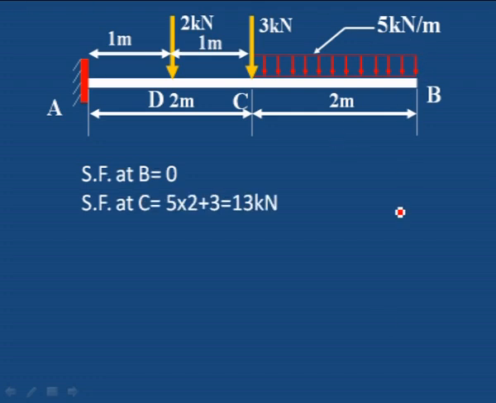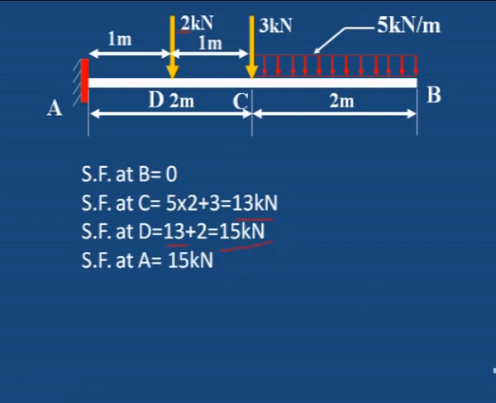Shear force at C is 5 into 2 load plus 3 kilonewton added here, that is 13 kilonewton. Shear force at D is 13 kilonewton, plus 2 kilonewton added here, 15 kilonewton, and shear force at A, no further load is added, 15 kilonewton.